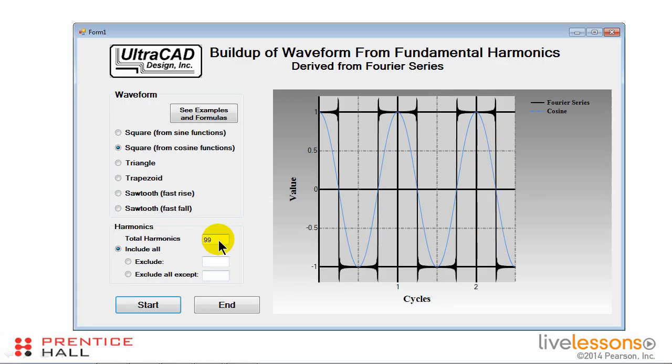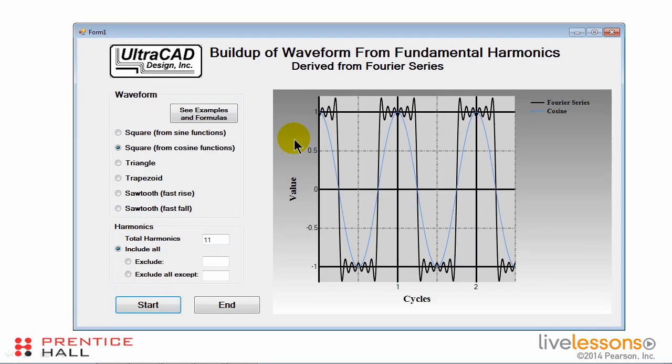All right, well, let's just say we do 20 harmonics instead of 99. And we get something that looks like this. Now that still looks like a pretty good square wave. And I'll leave it up to you to decide whether that looks good enough for the particular circuit we're involved with. Let's do 11.